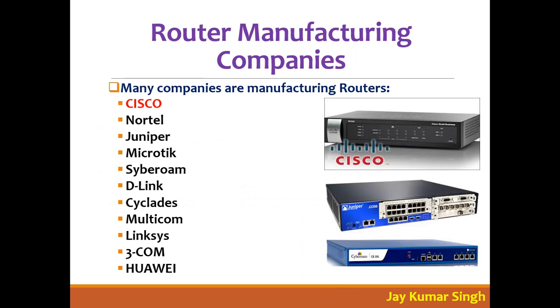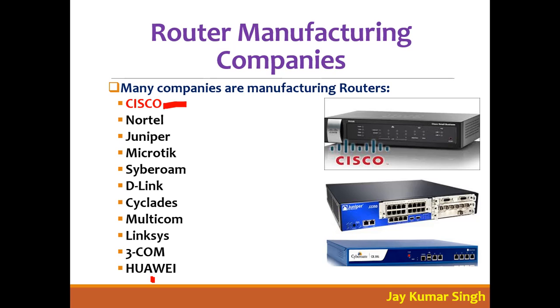So there are some router manufacturing companies like Cisco, Nortel, Juniper, Mikrotik, and Cyberon. There are many others, yes, Huawei. So mostly people like Cisco. Why? Because Cisco is the one who came first in the market in routing, and slowly other companies came.